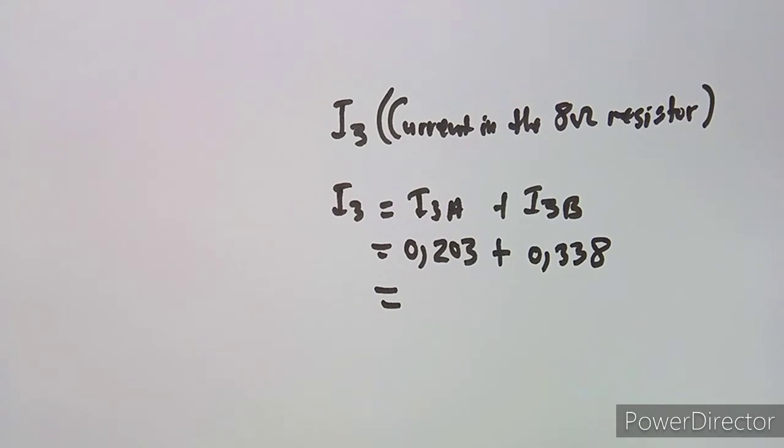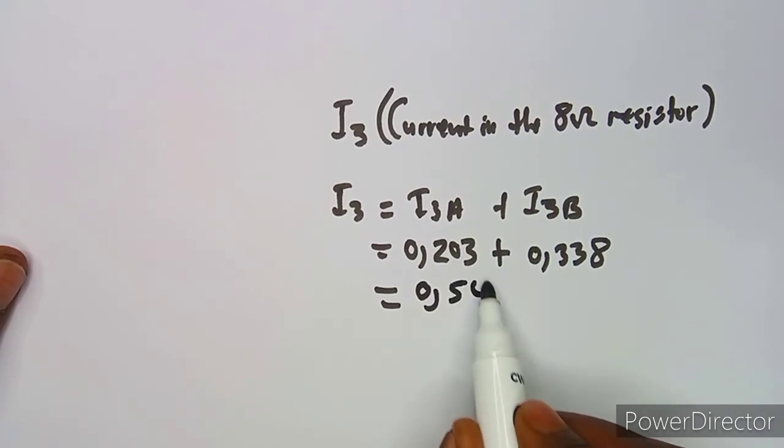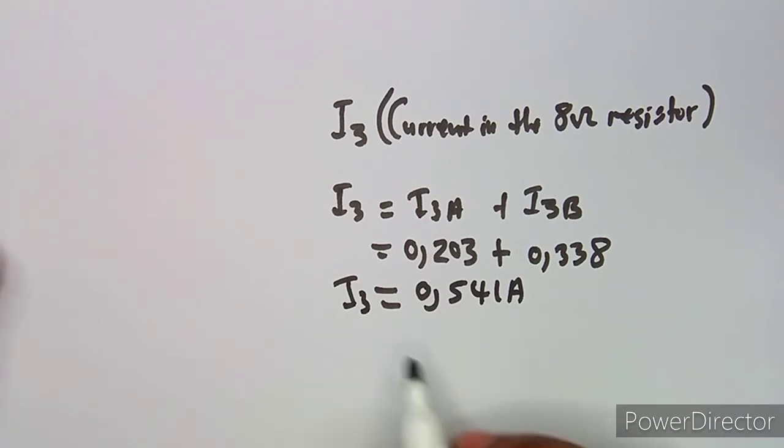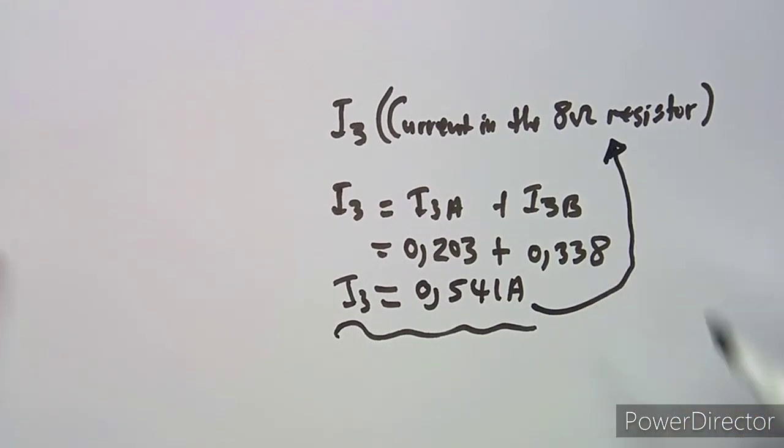So guys, it is very, very important that you consider your calculations very much. So this is your I3, that's the current which is flowing in the 8 ohm resistor. So the naming of the circuits, the naming of the currents from the circuit that you are given is something that is very, very important.